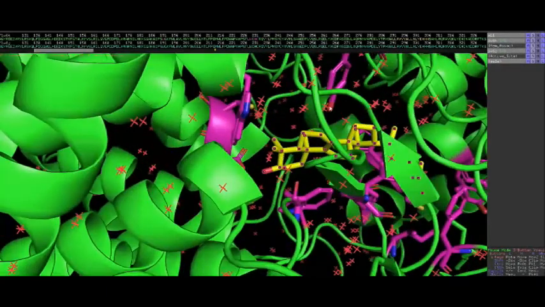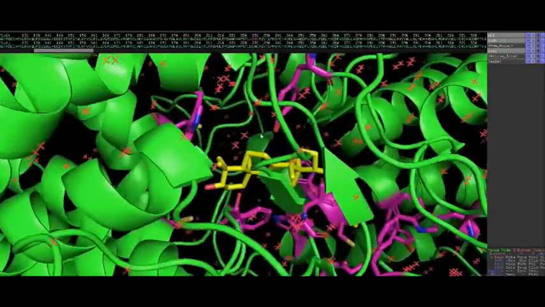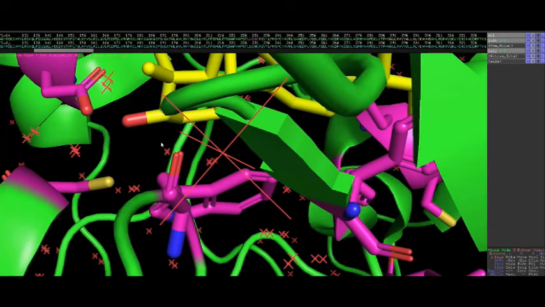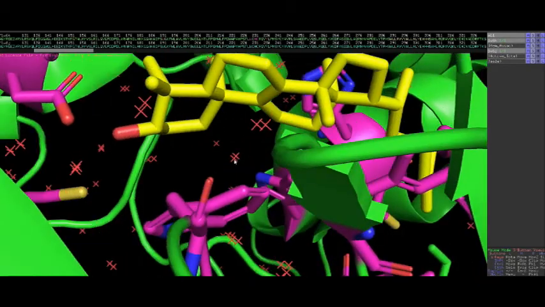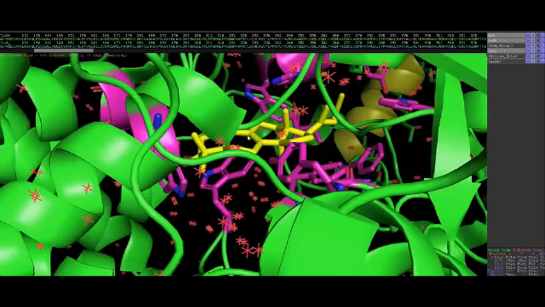And then the rest of it is happening spontaneously because of that epoxide. And so these hydrophobic side chains here are sort of holding this hydrophobic molecule in here.